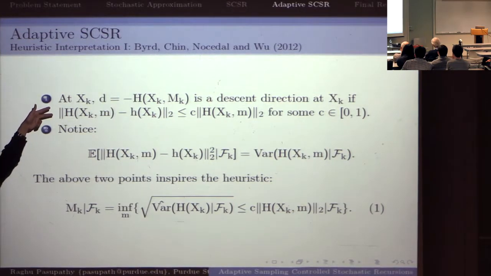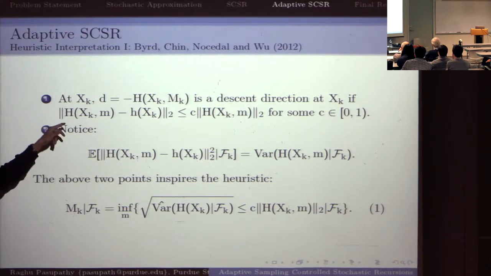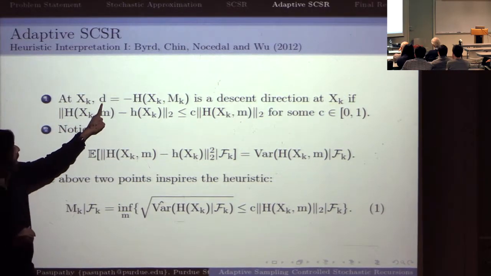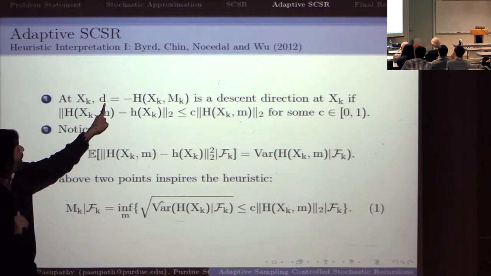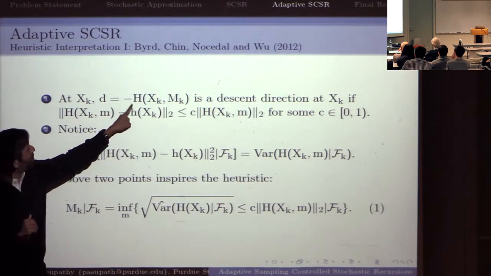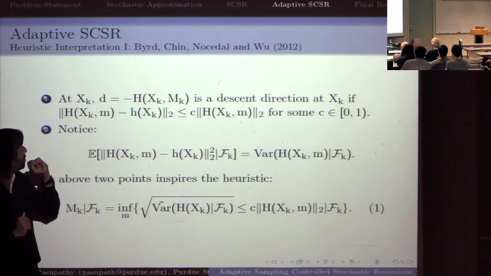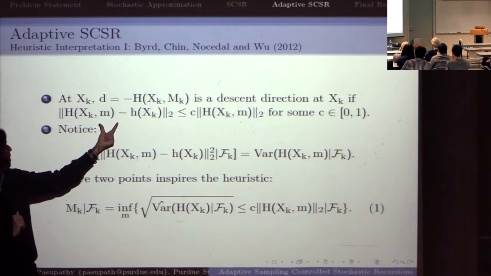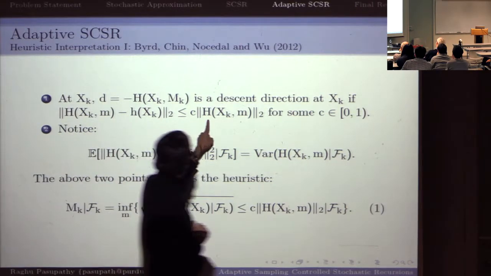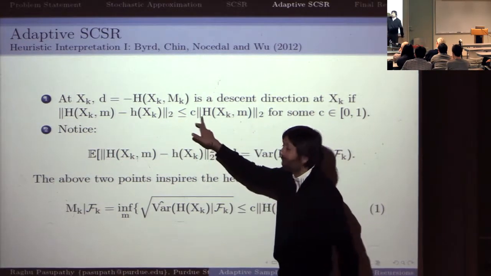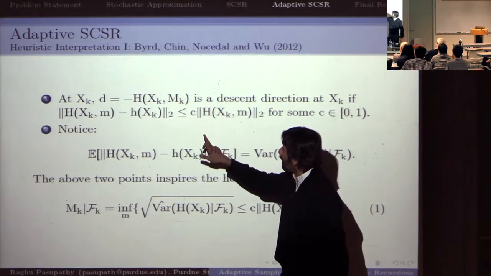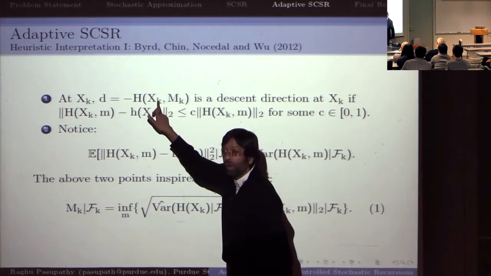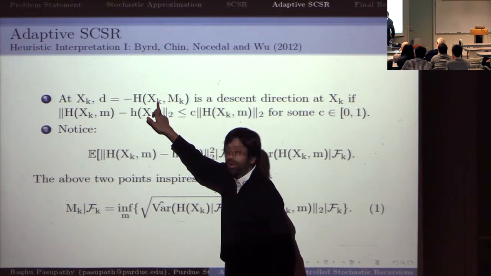For example, in the same context of simulation optimization, they show that if I'm working on the same problem, and if I define d as a negative h, so to speak, estimated gradient in this case, they show that as long as the error in estimating little h, which is given as the norm of capital H minus little h, is smaller than some c times capital H, so this is saying that the fraction error is less than 1, it can be shown that this direction is a descent direction. Okay, that's an easy calculation, so it turns out.